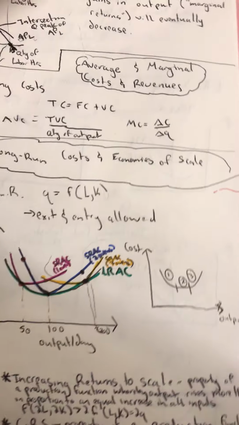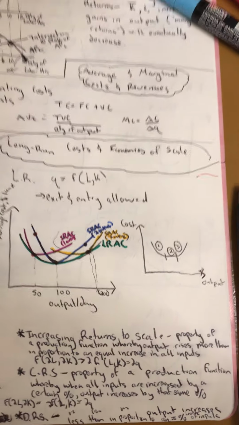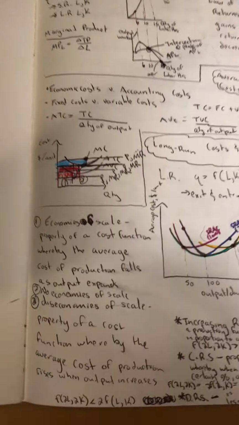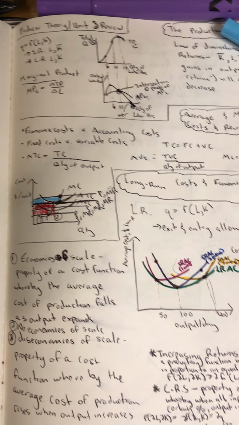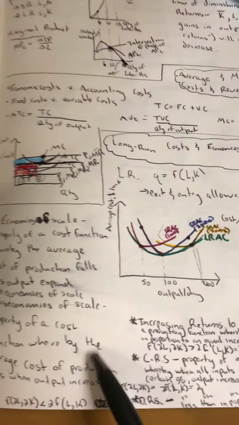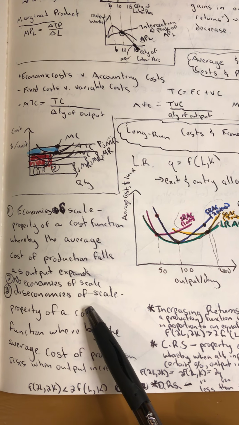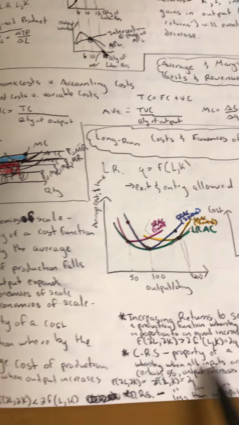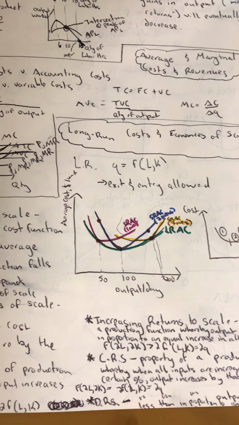So why does this happen? Well, it can happen for several different reasons. These economies of scale is probably related to increasing returns to scale. These terms have to deal with the relationship between cost and output, and these have to deal with the relationship between input and outputs.